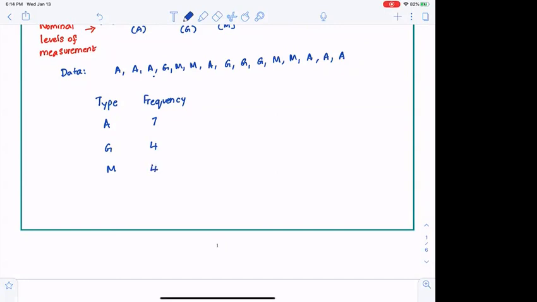So in total, we have 15. That tells us the total number of shepherd dogs in the kennel is 15. And the table that we just created is what we call a frequency distribution.